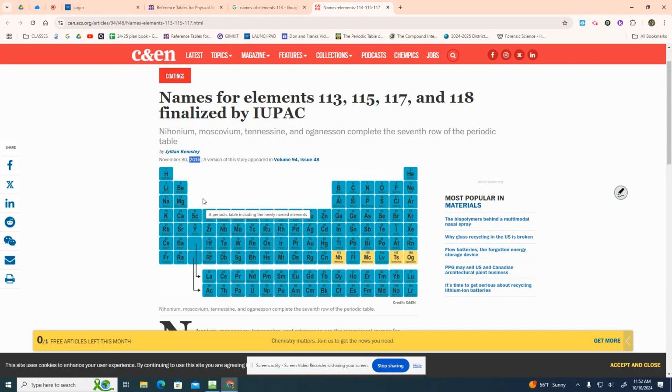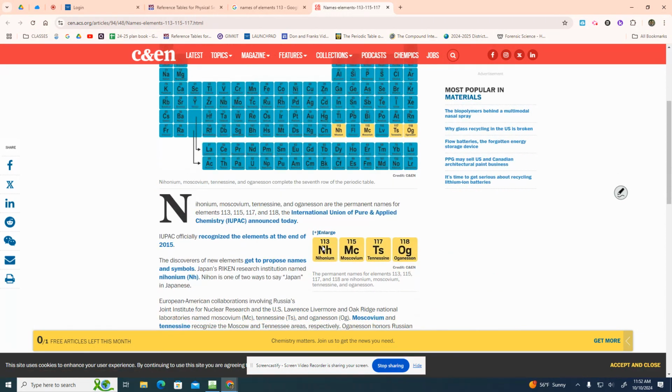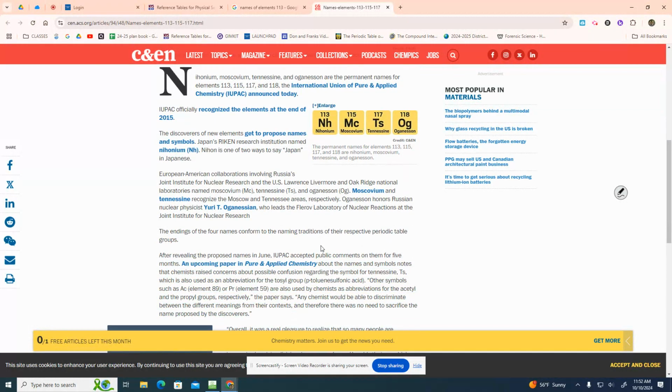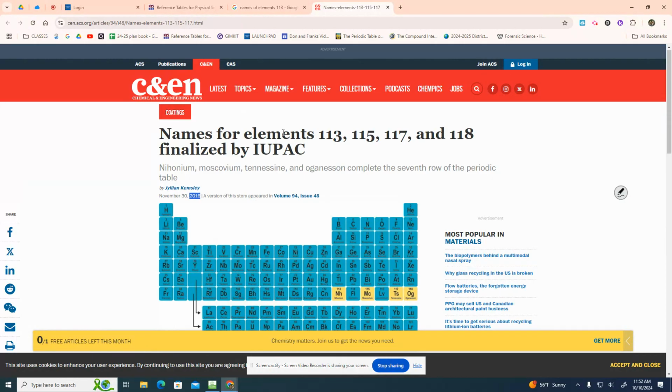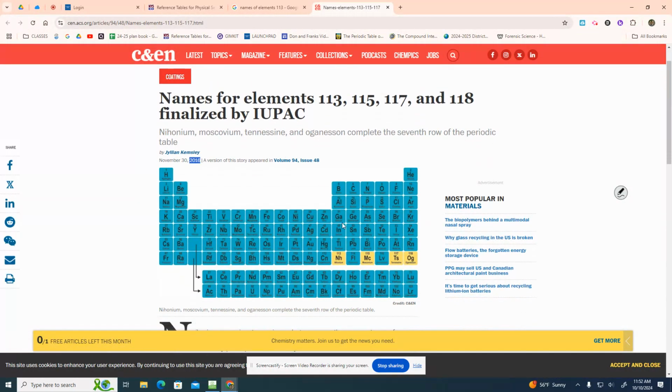Wait, what's 114 and 116? Maybe they didn't finalize them yet. Because remember, there's a group of scientists out there, and that's their job, to come up with the rules for the names. Should we see if 114 and 116 got named? They're on the periodic table, it's FL and LV, but maybe they're not 100% approved. Let's see.